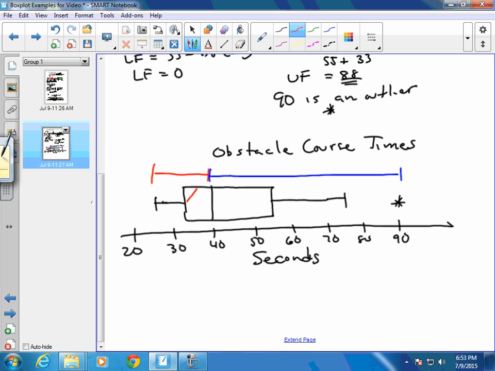We see that the left side of the box is significantly more compact than the right side. We also see that the left whisker is significantly more compact than the right whisker, and we even have an outlier. This graph is more stretched out to the right.